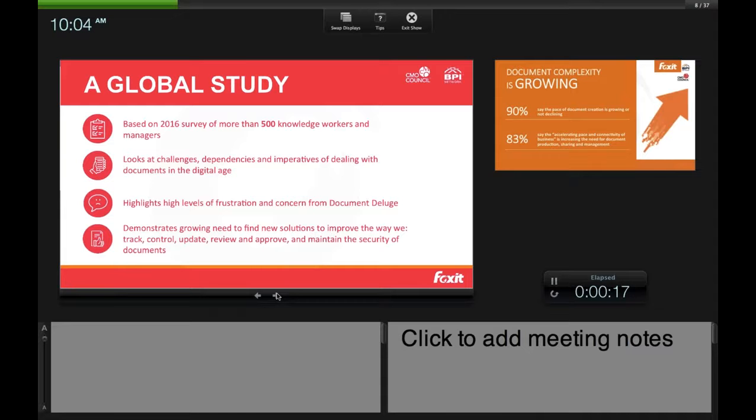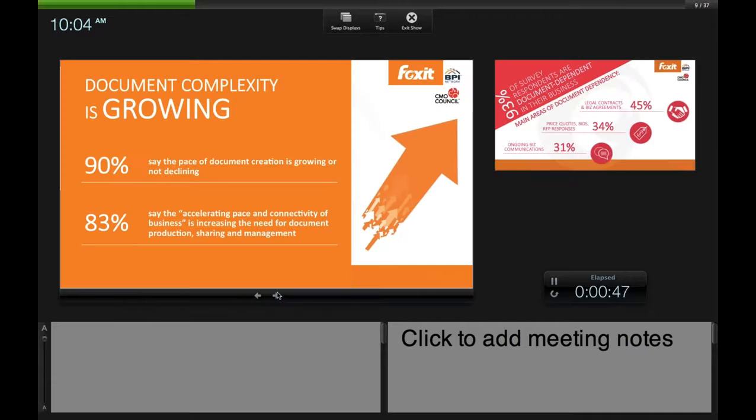And I think the study really highlights a high level of frustration and concern among managers and knowledge workers because of what we coined the phrase document deluge, and it also demonstrates a growing need to find new solutions to improve the way we deal with documents in terms of tracking them, controlling them, updating them, how we review and approve them, and how we maintain the security of our documents.